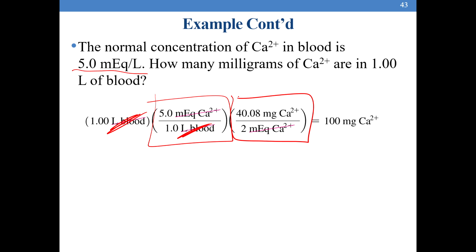If that bothers you, you can go ahead and do the conversion to milligrams. And you see milliequivalents of calcium cancel with milliequivalents of calcium, leaving you at the unit of milligrams, okay? So then it's just the simple math in the conversion as you've seen with your calculator, and the answer is 100 milligrams, okay?